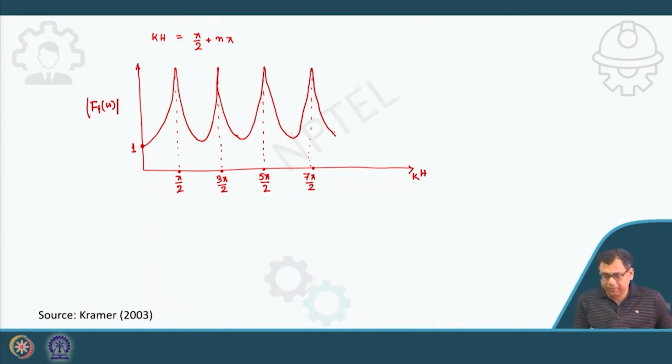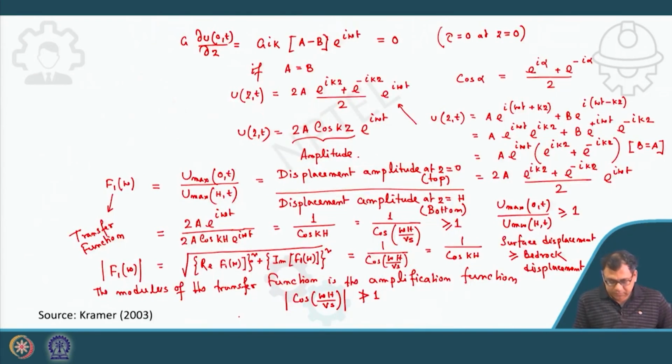So, you can get the maximum value of the modulus of transfer function, which indicates that at kh equal to pi by 2, you will get the maximum displacement of the ground surface. And I have already discussed that the surface displacement is always greater than or equal to the bedrock displacement.